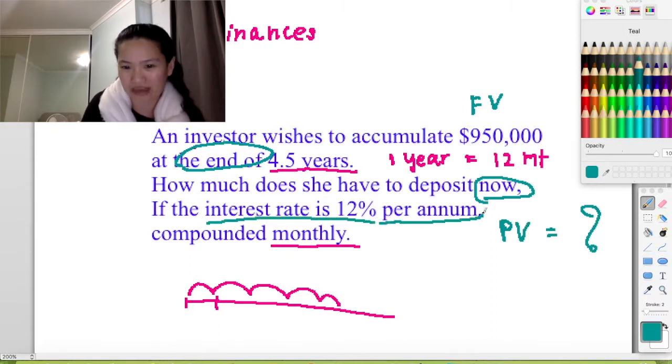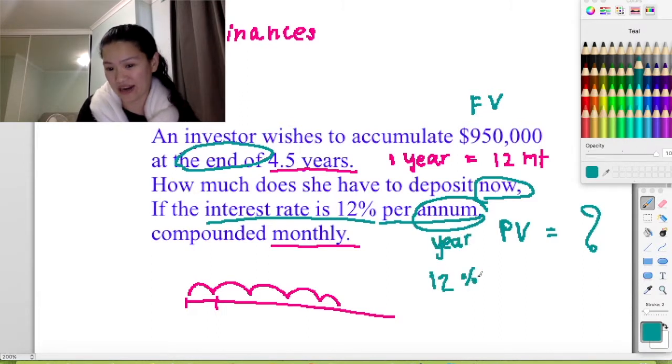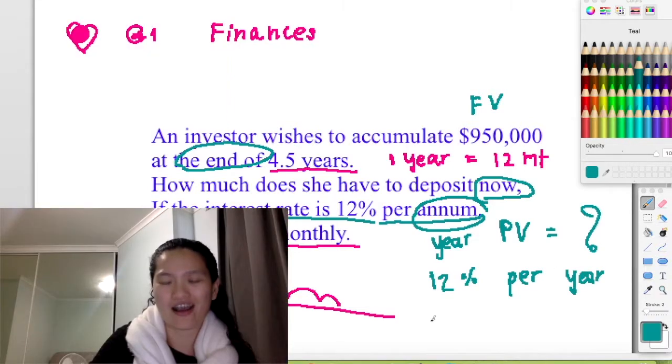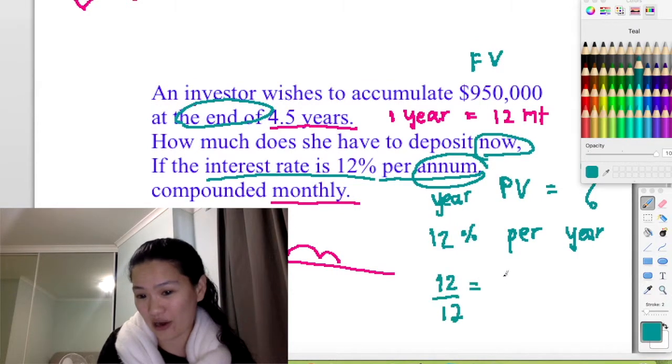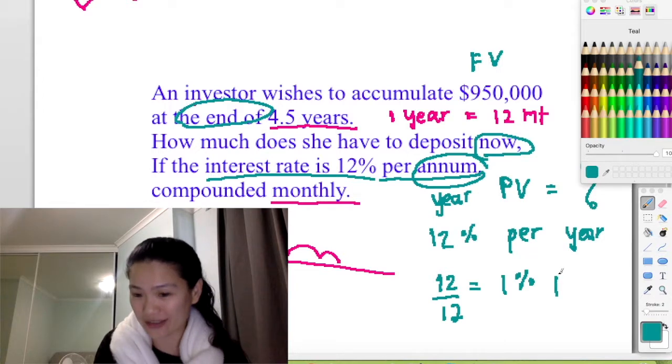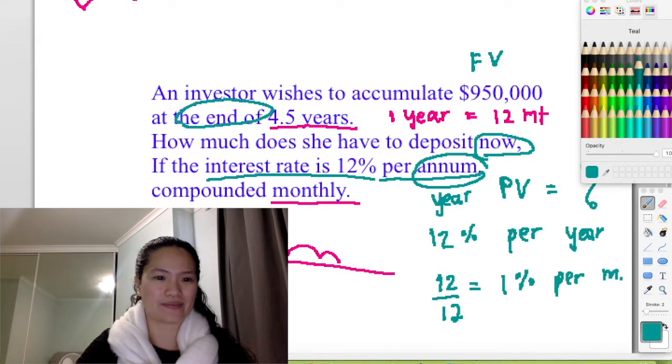Per annum means per year. If it's 12% per year, that means every month, 1 year has 12 months, so it is 1% per month. Is that correct? Okay. Let's see the next step.